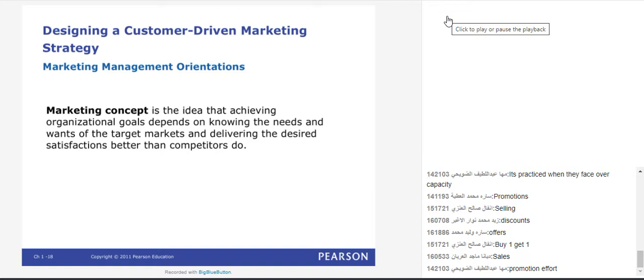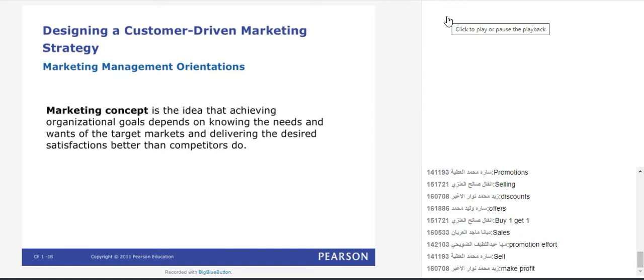I want my customers to be satisfied. Before the marketing concept, in the production, product, and selling concepts, what was the focus? All the businesses wanted to sell and have profits.